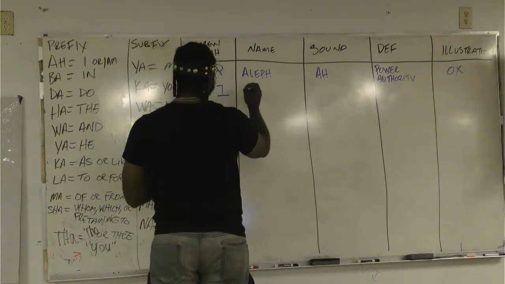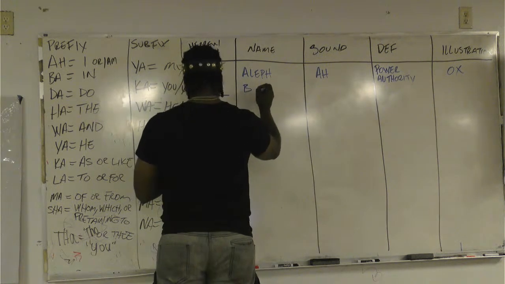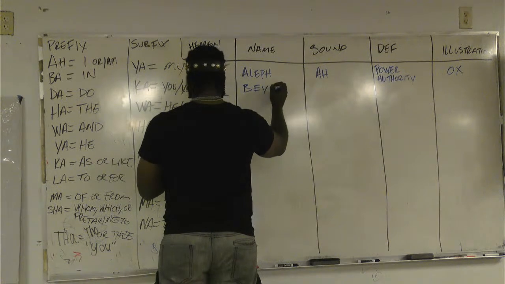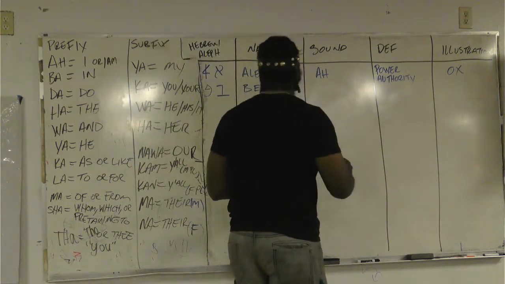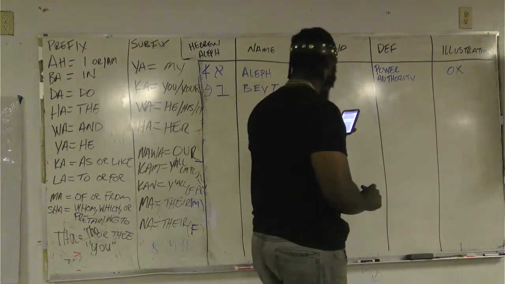All right. The name of the alphabet is Bayet. And these are Yiddish names, by the way. I'm just giving them to you so you can have them for your notes. The sound that it makes is Ba.